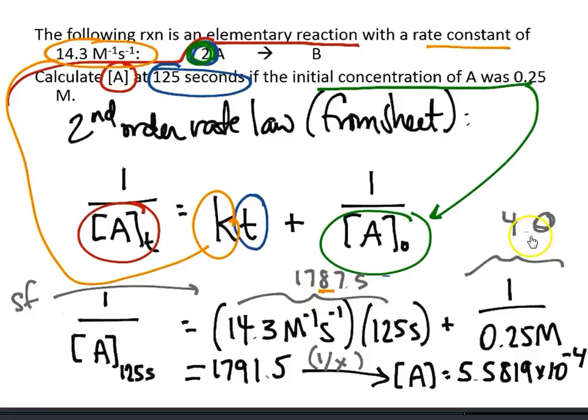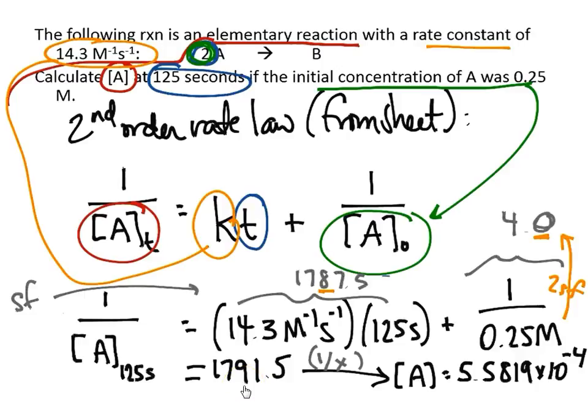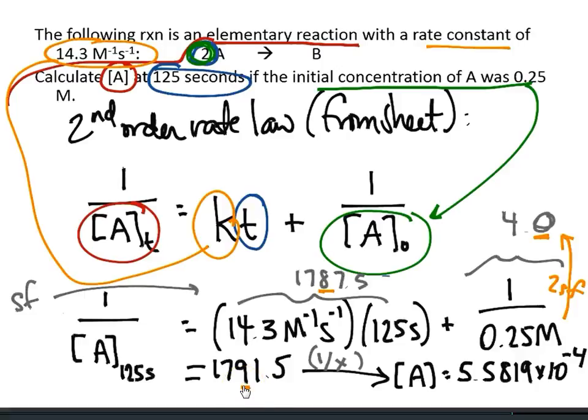This is accurate to the tenths place, which means the 1791 number is only accurate to this 9, right? That's the tens place. And that means this number, 1791, has 3 sig figs, which means my final answer should have 3 sig figs, which is going to be 5.58 times 10 to the minus 4 molar.